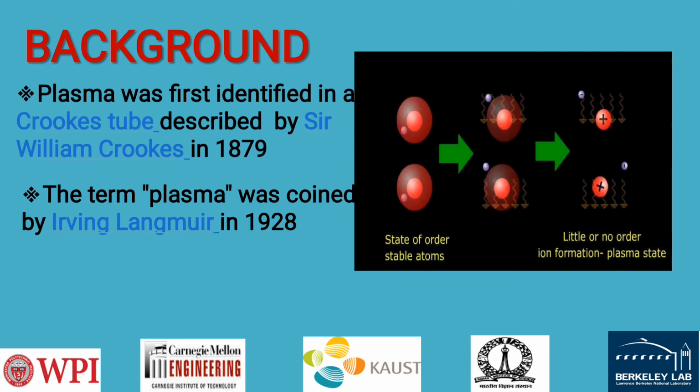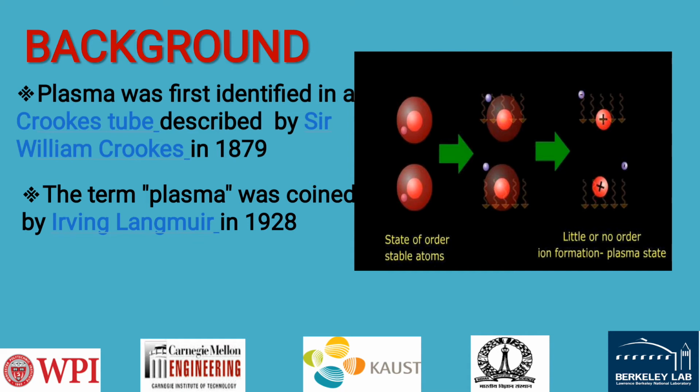You can clearly see the transformation from the gaseous state to the plasma state. In the gaseous state we have molecules. When you apply heat, the molecules split into atoms, and then atoms split into ions.